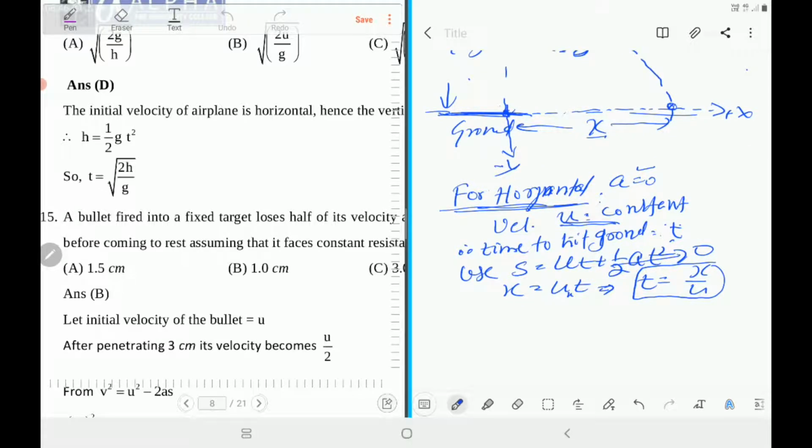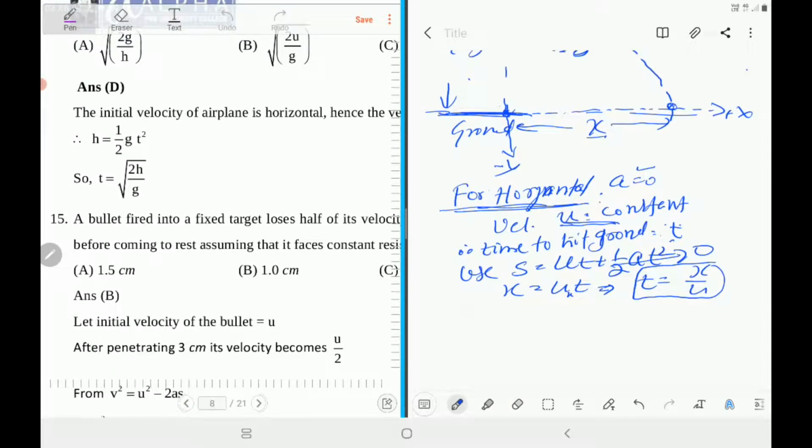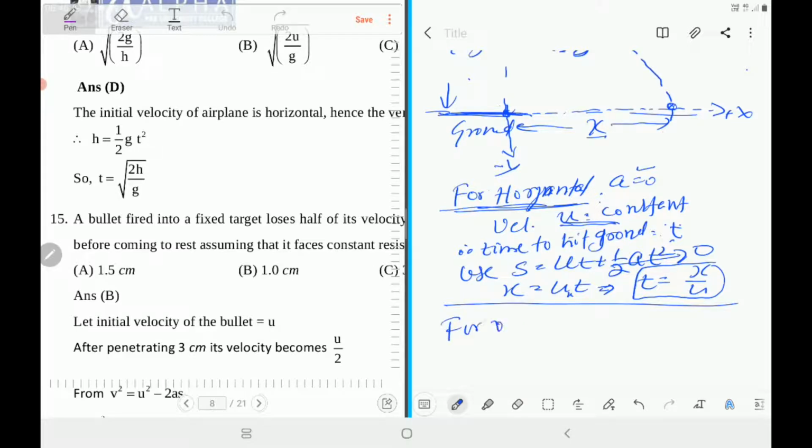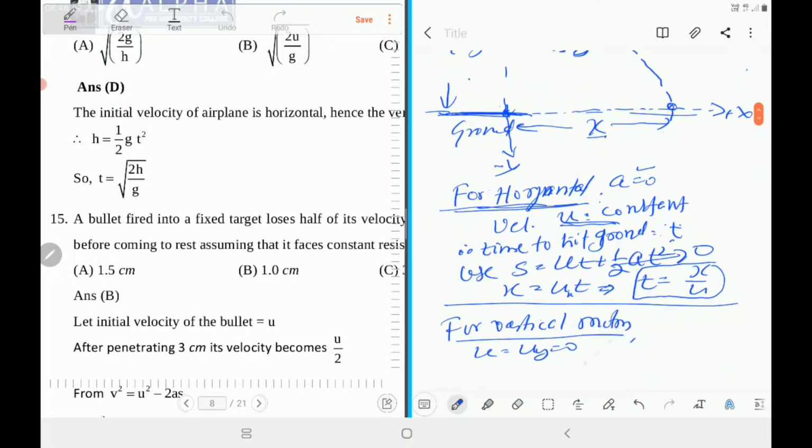Next, you will use it for vertical motion. This is horizontal. For vertical motion, you are analyzing vertical and horizontal separately. For vertical motion, initial velocity u is uy, that was 0 because initially it was moving along the horizontal, as I explained to you. And what is acceleration? That is due to gravity, minus g. And what is total displacement vertically? That is s equals minus h, all negative.